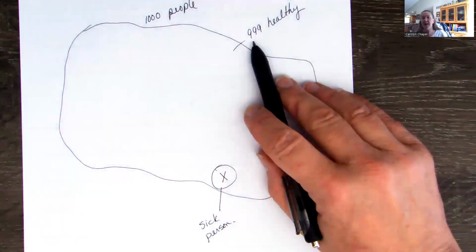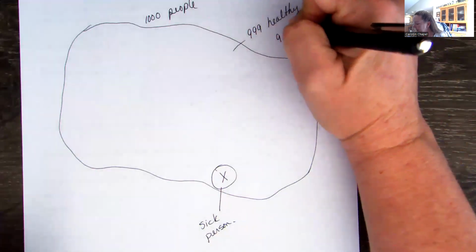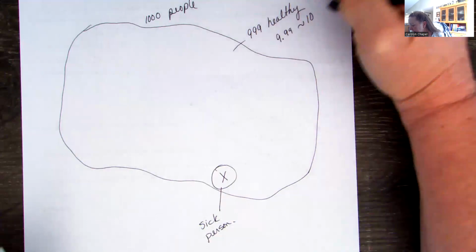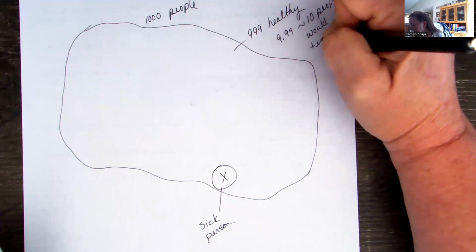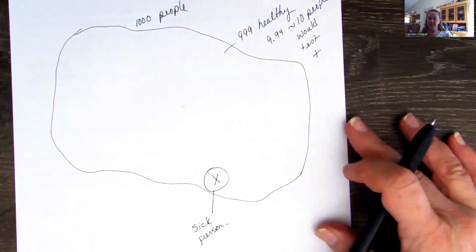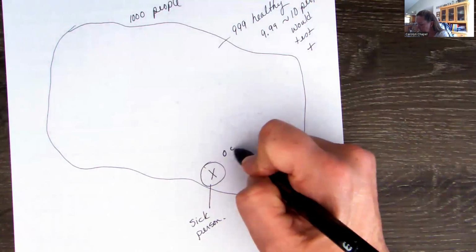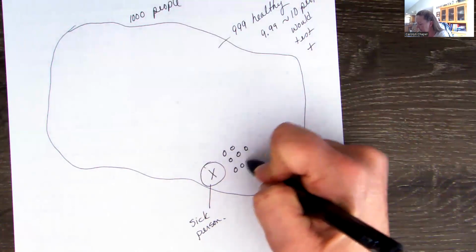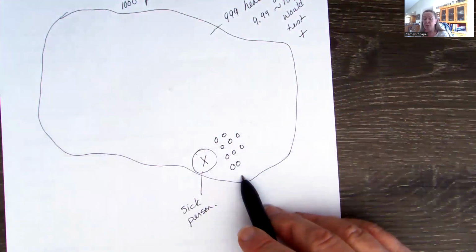So if I'm looking at these 999 people and I want 1% of them, that means I get 9.99, about 10 people would test positive. Okay, they'd get an inaccurate test. So let's put these 10 people here. 1, 2, 3, 4, 5, 6, 7, 8, 9, 10. There's our 10 people that have a positive test that are really healthy.